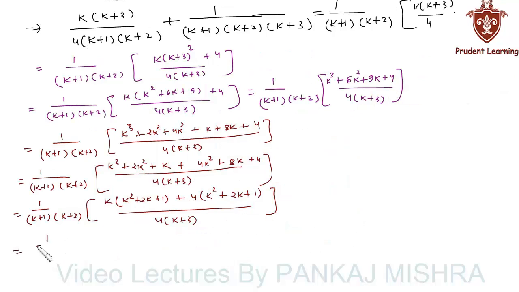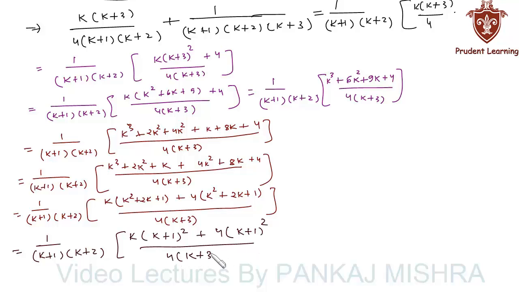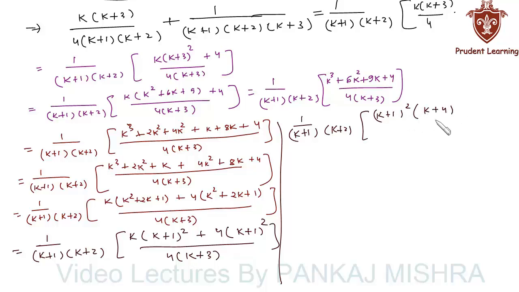This is equal to 1 upon k plus 1 into k plus 2 into k times of k square plus 2k plus 1, which can be written as k plus 1 whole square, plus 4 times of again k square plus 2k plus 1, which can be written as k plus 1 whole square, whole upon 4 times of k plus 3. And now we'll take k plus 1 whole square common in the numerator. So we have 1 upon k plus 1 into k plus 2 into, taking k plus 1 whole square common, we have k plus 4 whole upon 4 times of k plus 3.